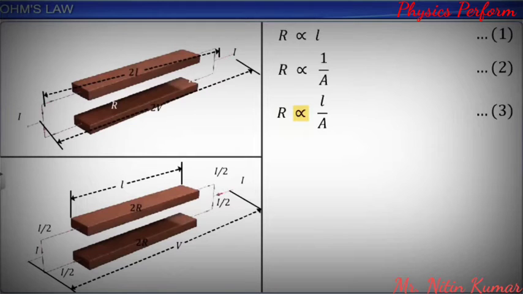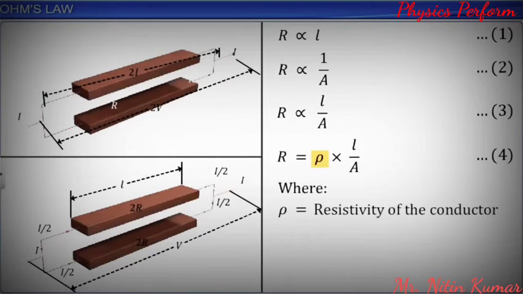Replacing the proportionality sign with equality, we can write equation 3 as R is equal to ρ into L by A. Let this be equation 4, where ρ is the constant of proportionality, which depends on the material of the conductor and is called resistivity.